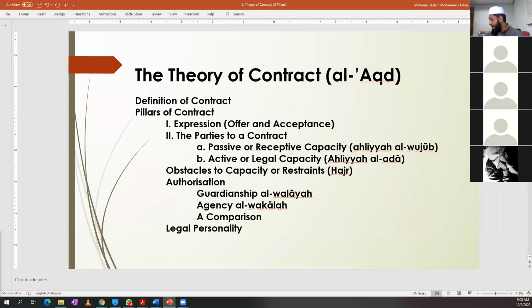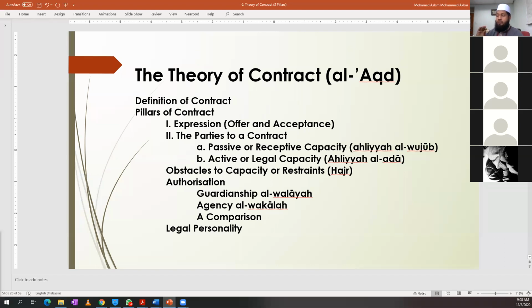So now you need to understand that this is called capacity. The capacity can go into ahliya al-wujub. Ahliya al-wujub means it's a passive or receptive capacity. So I will come back to you. The second one is ahliya al-ada, which is active or legal capacity.